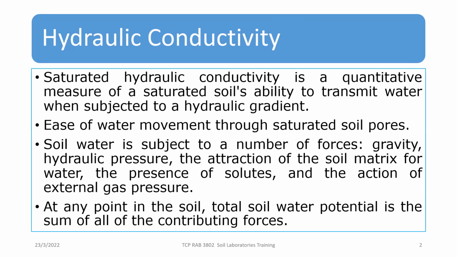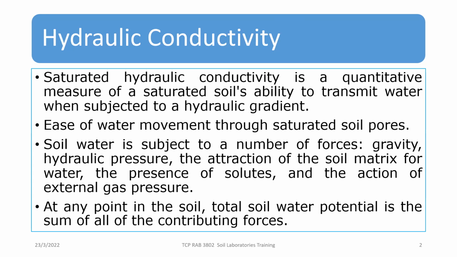So soil water is subject to a number of forces: the Earth's gravity, as water normally moves downward according to gravity, and the hydraulic pressure, and the attraction of the soil matrix for the water, how the soil itself binds the water between its pores.